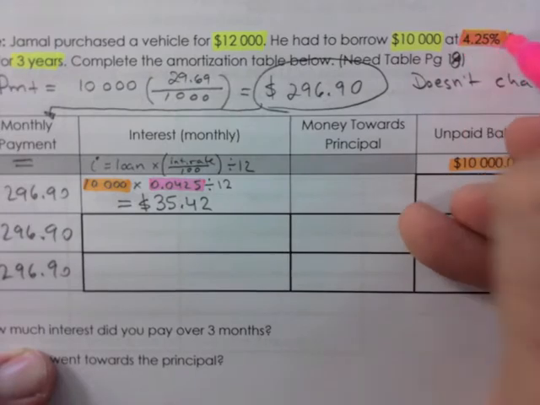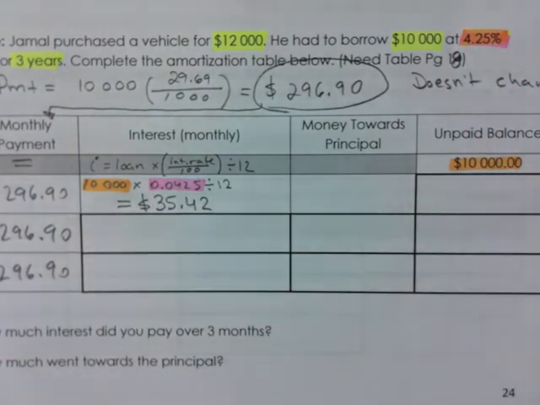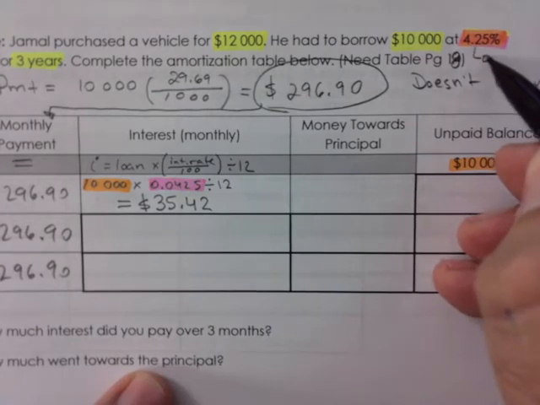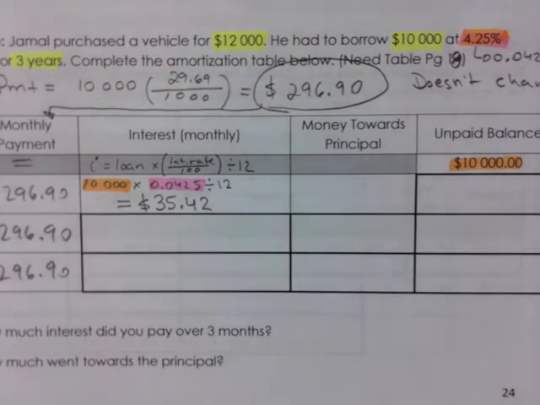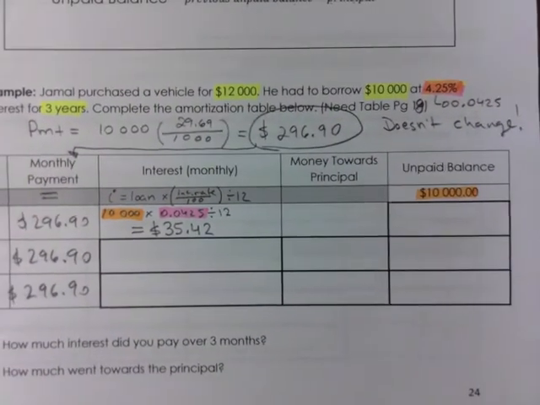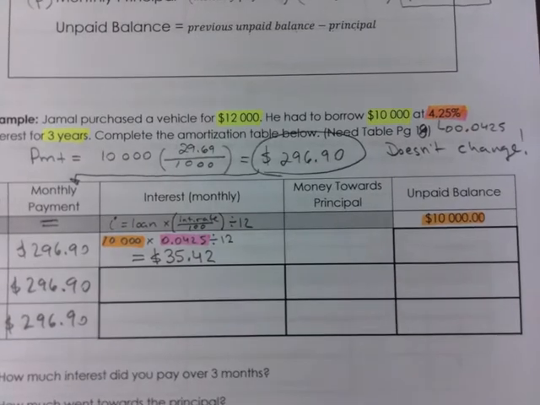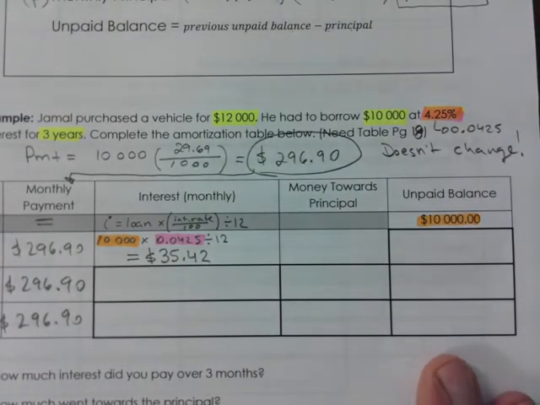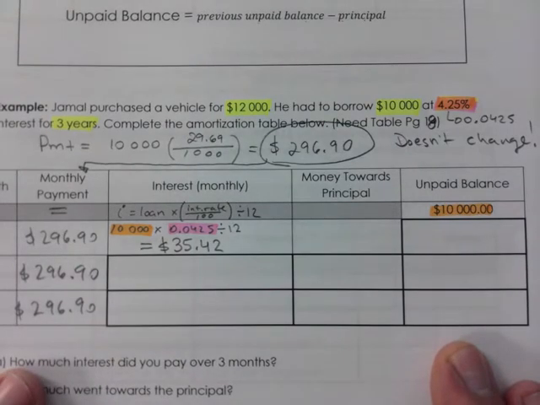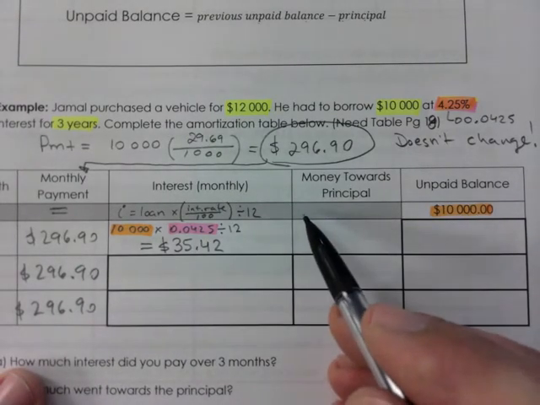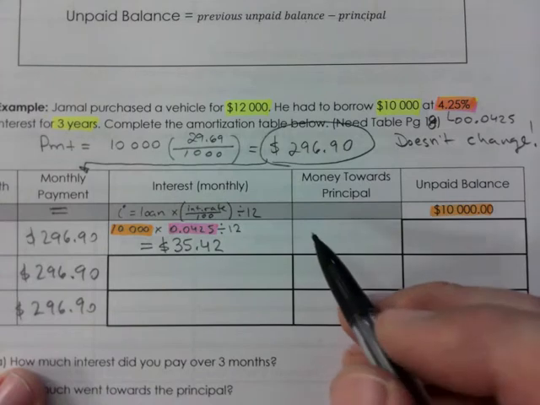I will make it pink up there. And I will just turn that into 0.0425. Are you following? Yeah? Okay.